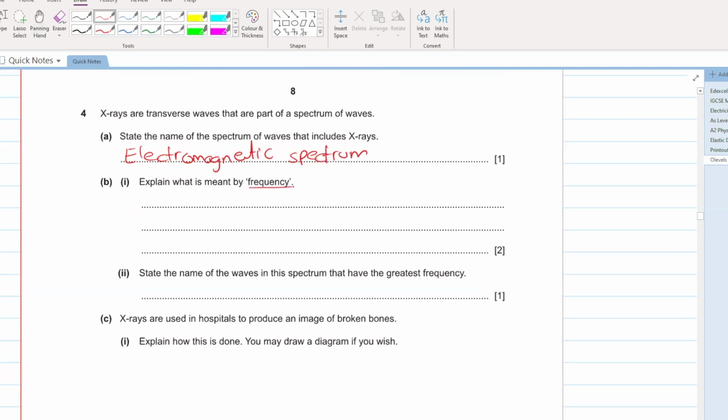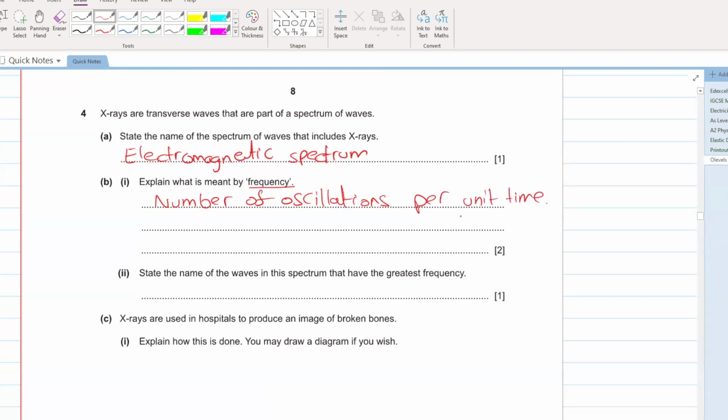Describe what is meant by frequency. Okay, what is meant by frequency? Number of oscillations per unit time. You can write number of oscillations per unit time.